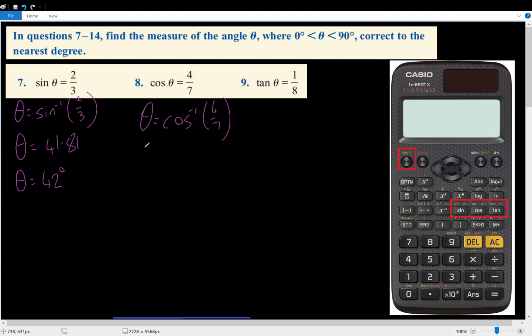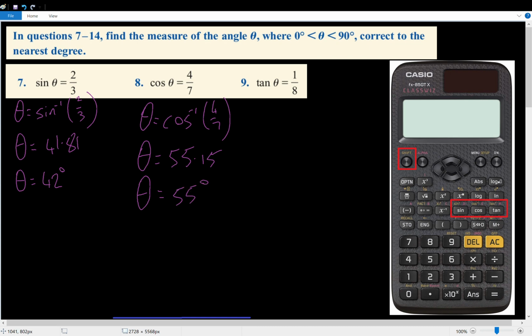Our calculator will tell us that the cos inverse of 4/7 is 55.15 degrees. But we need that correct to the nearest whole degree. So in this case theta is equal to 55 degrees.